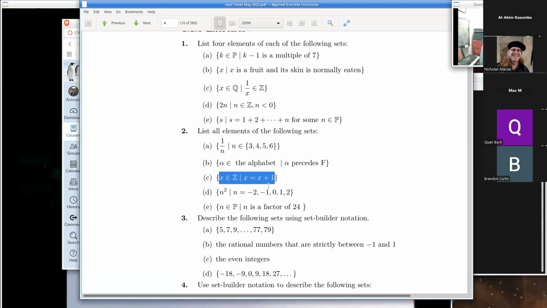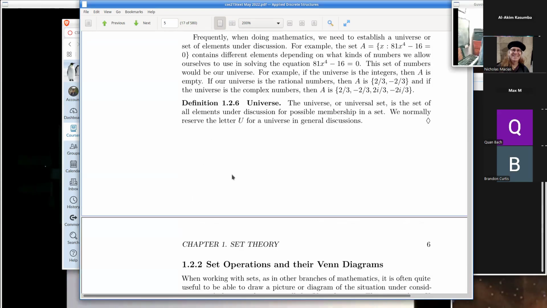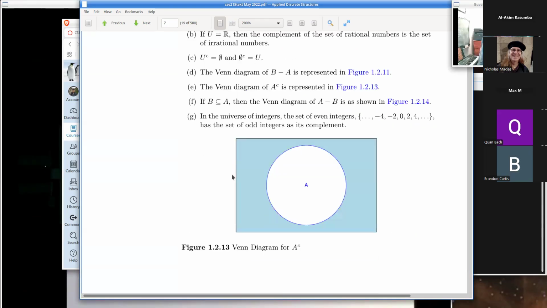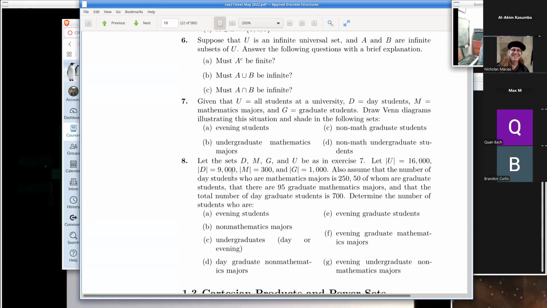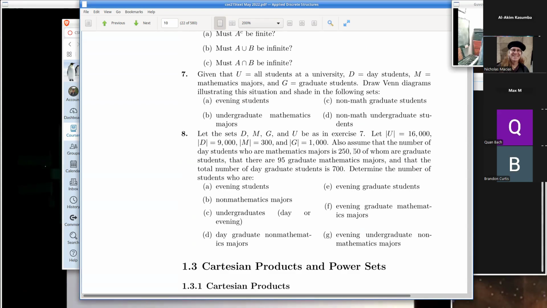I also have a question about the section 1.2 question number 8. I tried to solve it and I have a question. So for instance, for A, we need to set it up for evening students.